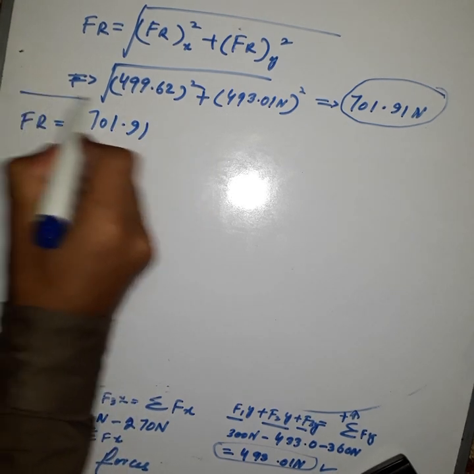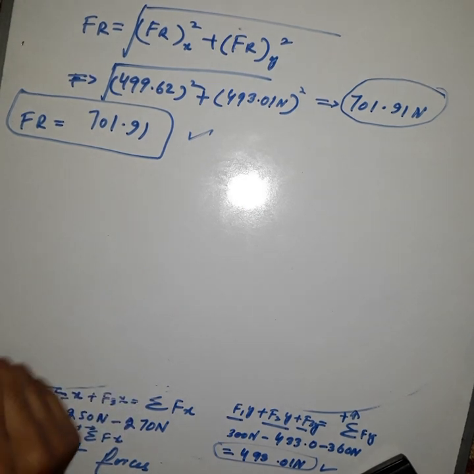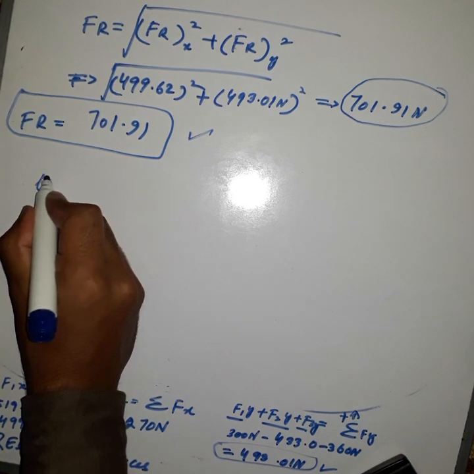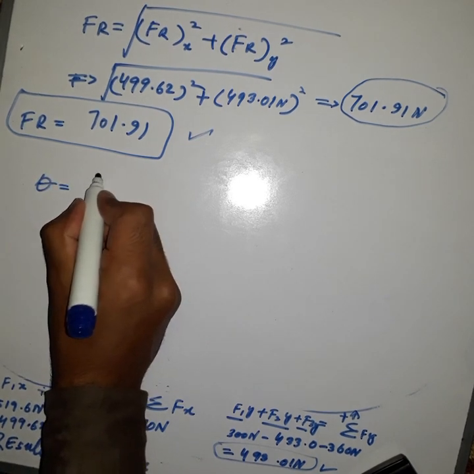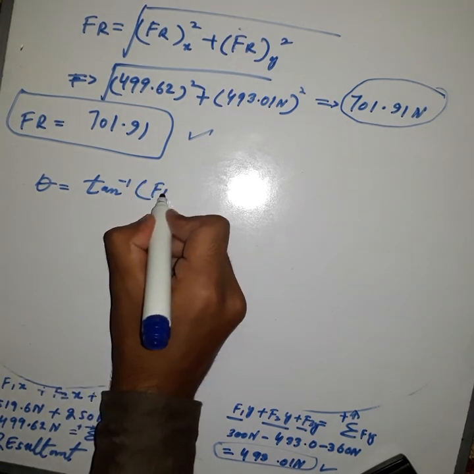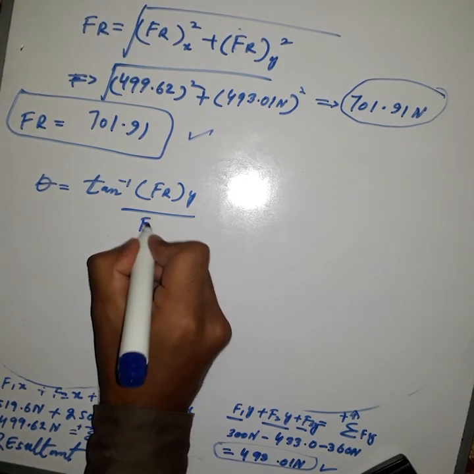using the rectangular component method. So now we will find its angle phi. At the beginning I said that we will not use the sine and cosine method. So we will use theta is equal to tangent inverse of FR of y divided by FR of x.